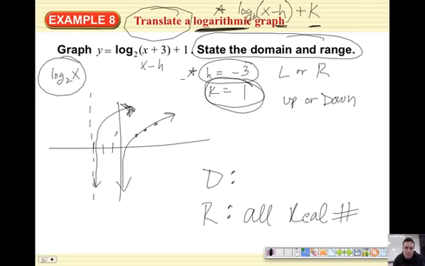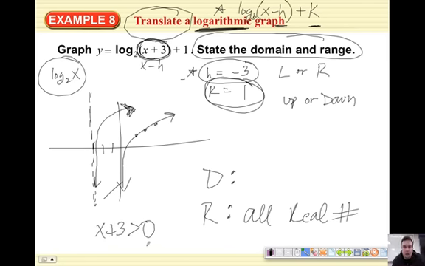If you look at the picture, it starts here and it goes to the right. Notice where it's at right here? But actually the way you probably should do it is whatever's after the log, I told you this before, has to be greater than 0. So whatever's after the log, which is x plus 3, has to be greater than 0.